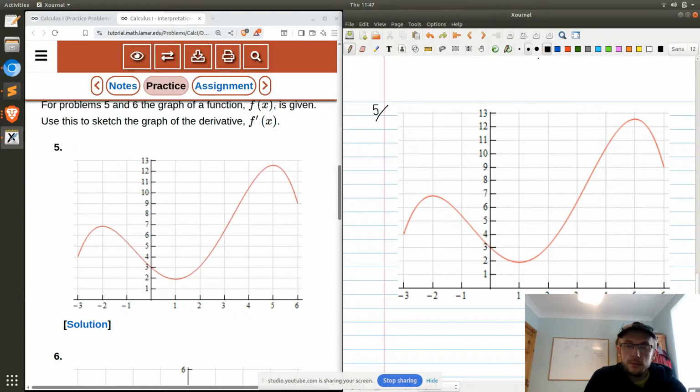Now, in constructing f prime of x, or something that appears similar to f prime of x, we want to look for important points on this graph, like there, there, and there. That's where the derivative is 0.